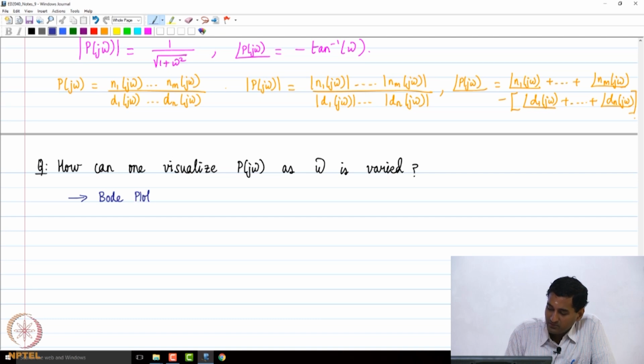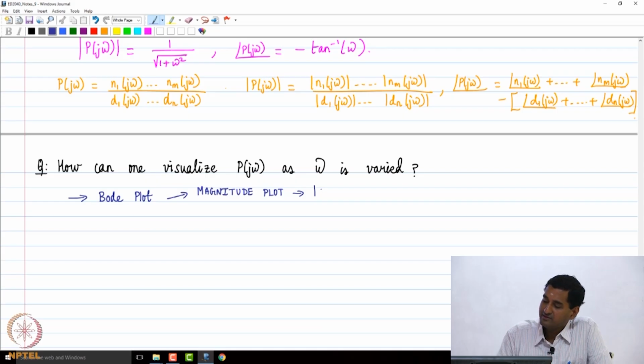A Bode plot is one where there is a magnitude plot, where the magnitude of P of j omega is plotted versus omega, but of course on a different scale. We will discuss it tomorrow.